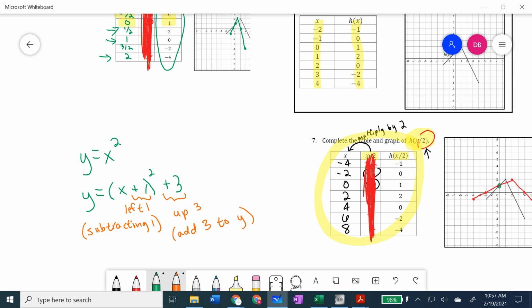And if you can see that as the primary thing going on, it's going to save you a lot of grief and heartache in manipulating parent graphs.